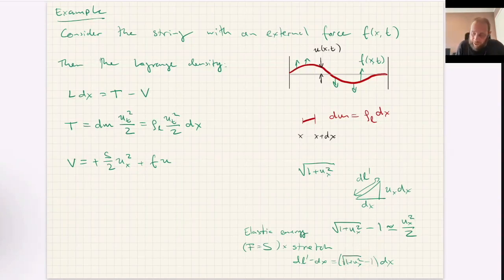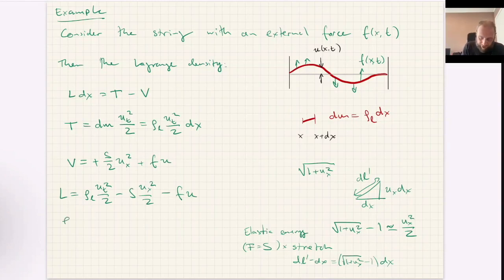Just to say that then this gives us a Lagrange density, which is rho L ut squared divided by 2 minus, because you take T minus V, right? So minus S ux squared divided by 2 minus F u. And then what you do, of course, is you insert this into the action.